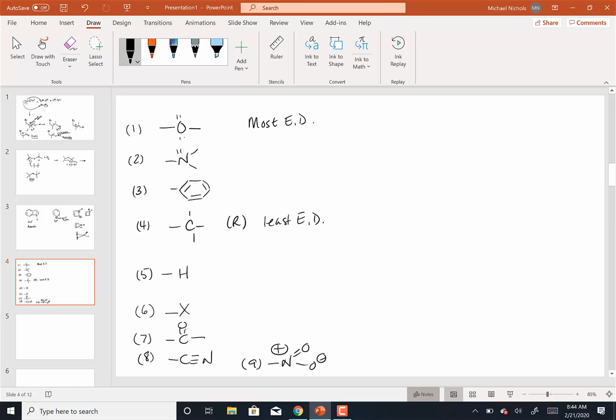Okay. So going from 1 to 9, which you will not have to do, but I'm going to organize it this way because I didn't do this the other day, and I need to do it to explain the induction versus resonance. So you will have to do this on the next exam, which is a long time in the future.